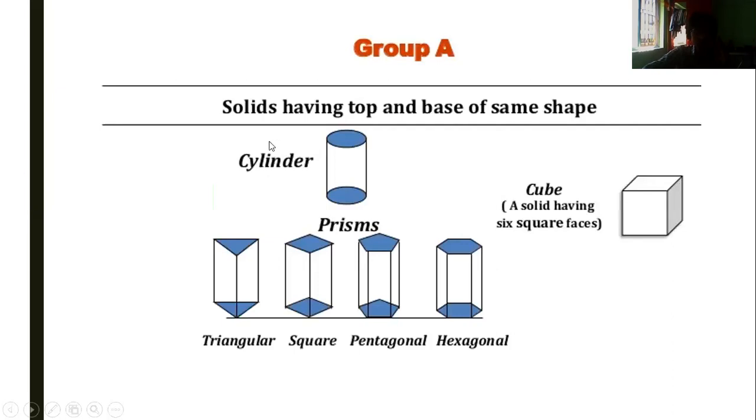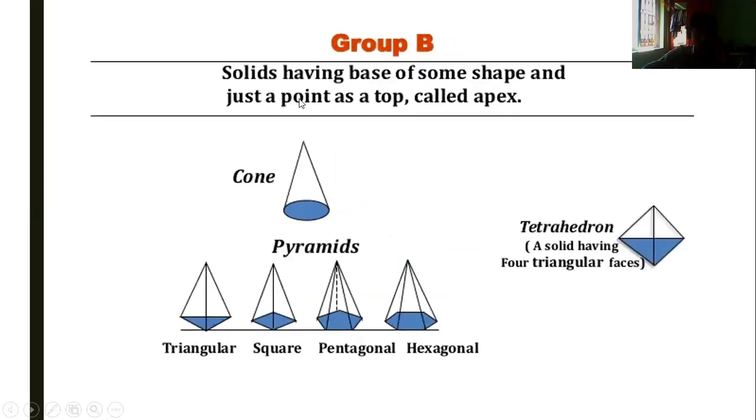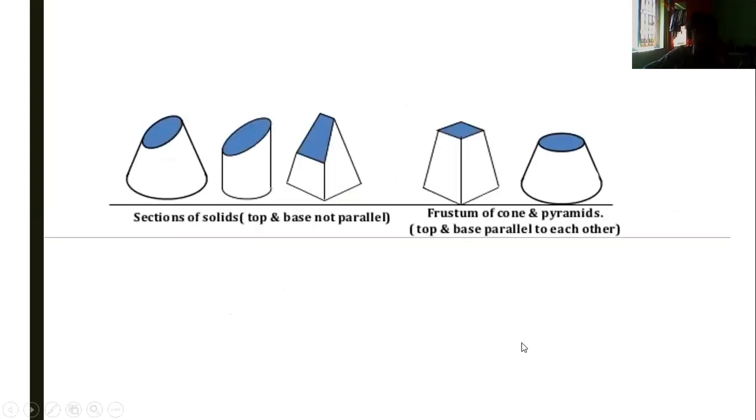And if the top and base have the same shape, then this is the group A type of solid, okay. If the solid has a base of some shape and just a point as the top, called the apex. In apex solids come the cone and pyramid. In pyramid again, triangular, square, pentagonal and hexagonal pyramid.